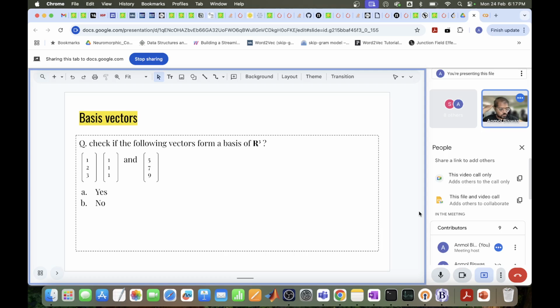It has a very specific definition, and it has certain properties that are very useful, right? I will not go into all of those properties because it will be too much of a deep dive into linear algebra. But broadly speaking, if you have something like R3, for example, R3 is nothing but the three-dimensional space of real numbers, right? So each of these coordinates is represented by a real number.